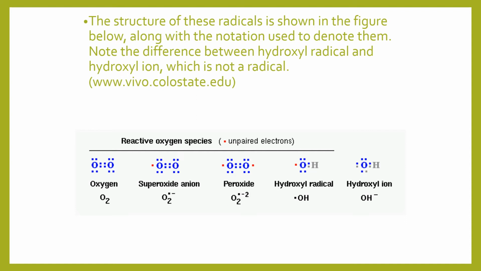What we're actually seeing is the differences between the hydroxyl radical, what we see here, and the hydroxyl ion, what we see here, and how we actually have this free electron that is not paired up, where the hydroxyl ion right here has been paired up. And so this radical makes it very, very dangerous.